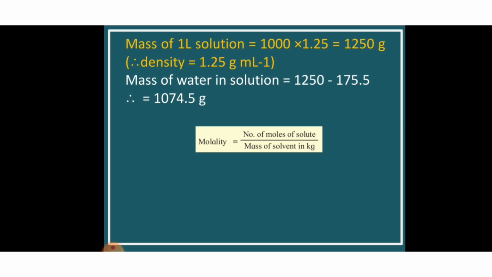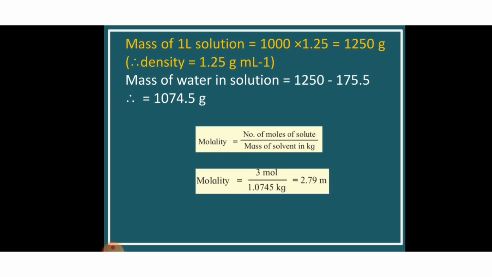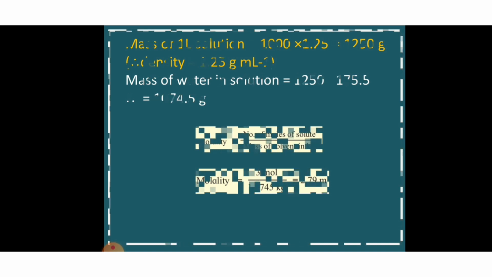So molality is equal to number of moles of solute divided by mass of solvent in kg, 3 mole divided by 1.0745 kg, which is equal to 2.79 molal.